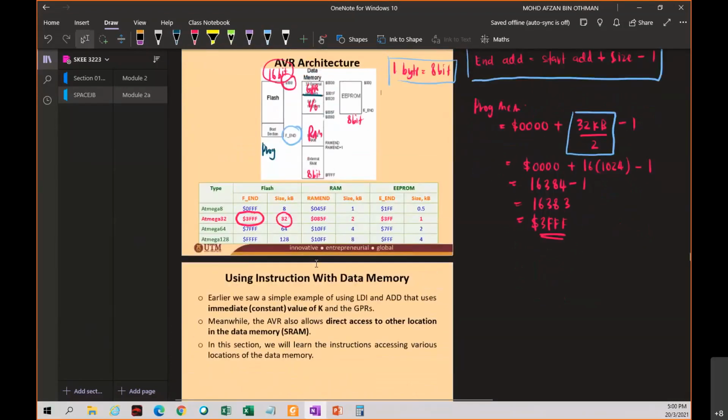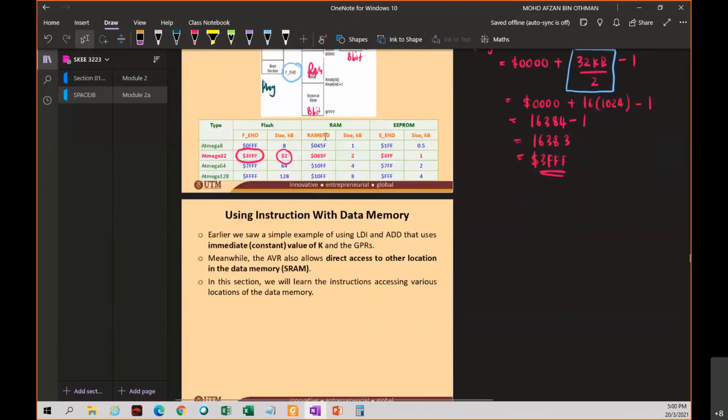Okay, any question? Ada soalan tak? Okay, so now in the next few slide, kita akan tengok a few instruction, okay, that involve the data memory. Okay, some of involve the I/O register, some involve the RAMs.